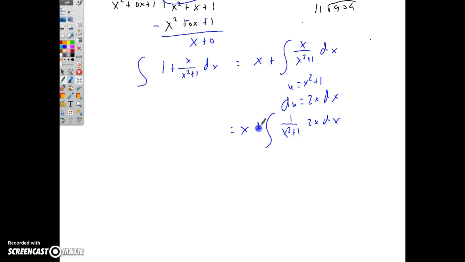In order to do that, I have to put a 1/2 out in front because I needed a 2. And so this becomes x plus 1/2 integral of 1 over u du. And what's the integral of 1 over u? Natural log.